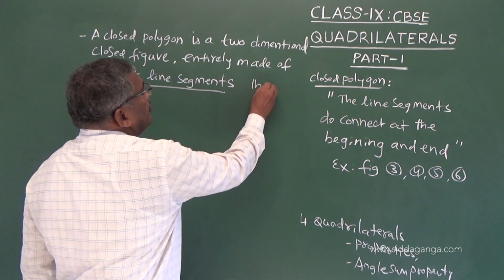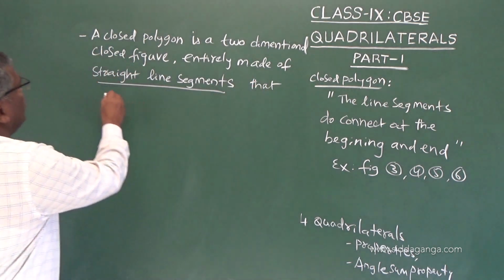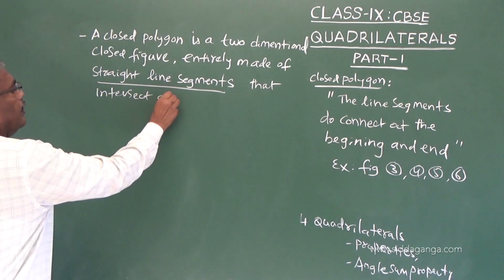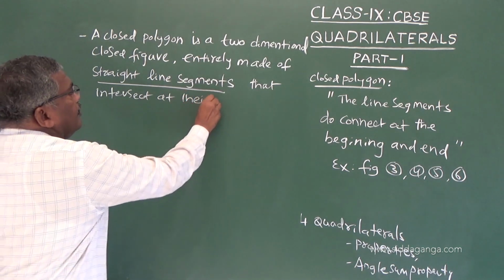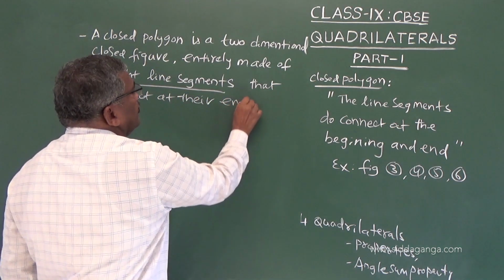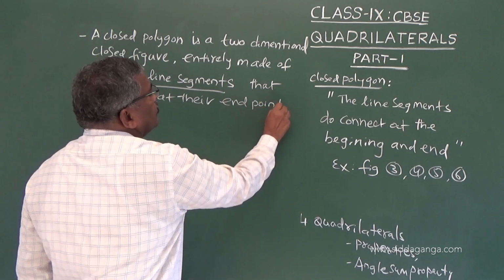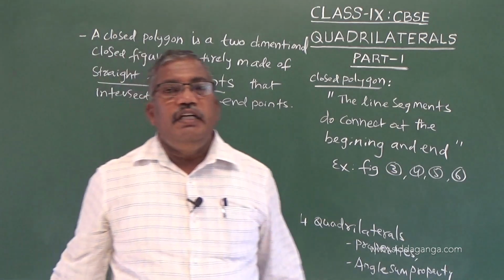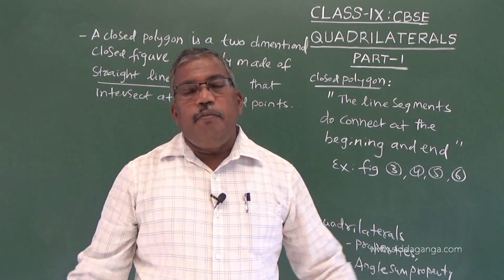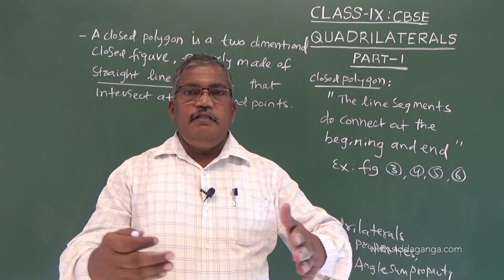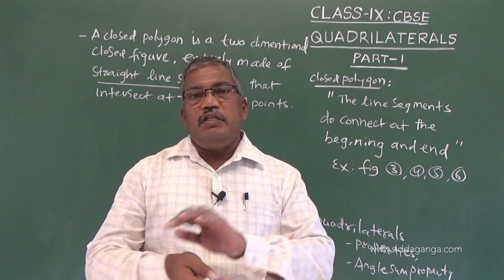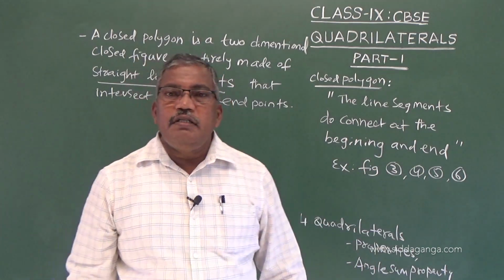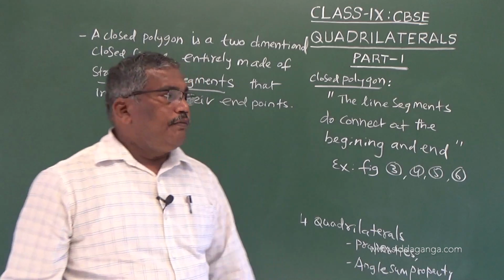That intersect at their end points. So many line segments intersect each other to form a polygon. If three lines intersect and form a polygon, we call it a triangle. If four lines intersect and form a polygon, we call it a quadrilateral, and so on.